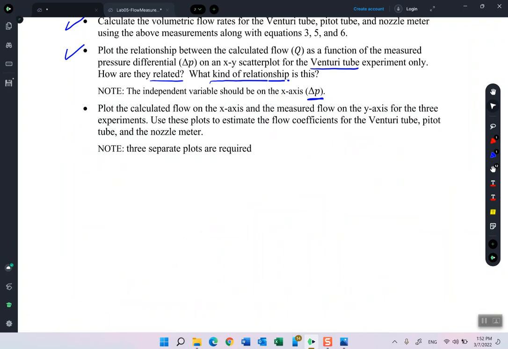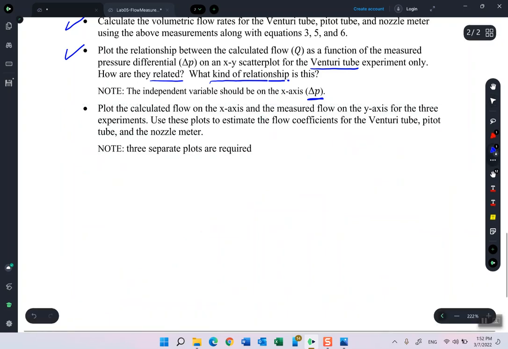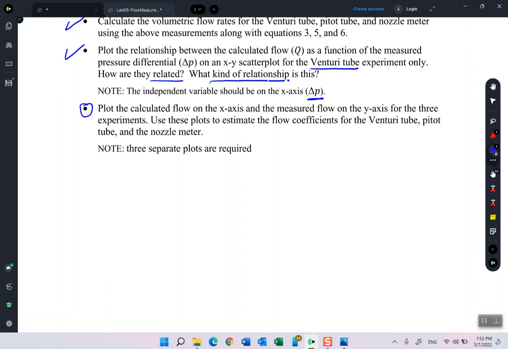Okay, so the third question asks you to plot the calculated flow on the x-axis and the measured flow on the y-axis for the 3 experiments. So I should have 3 plots, each one representing one experiment.